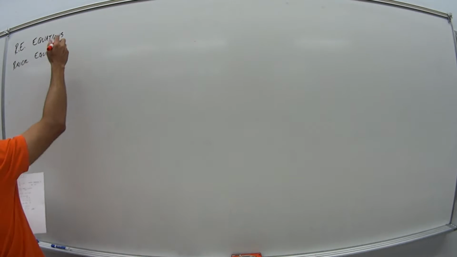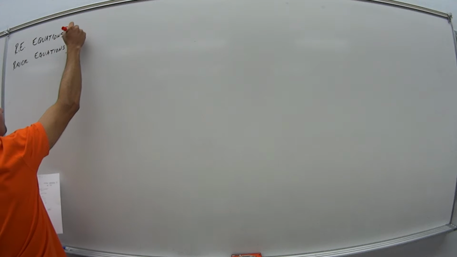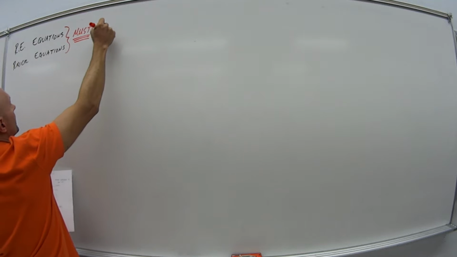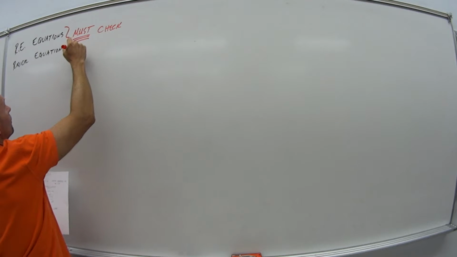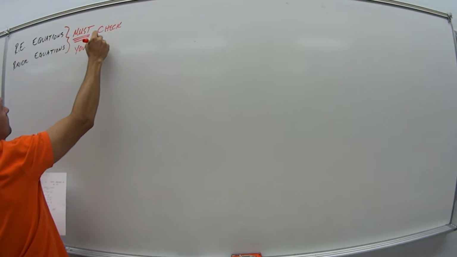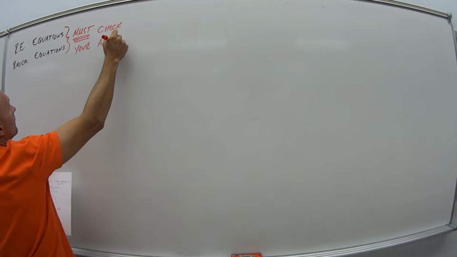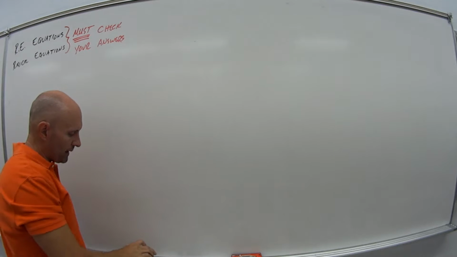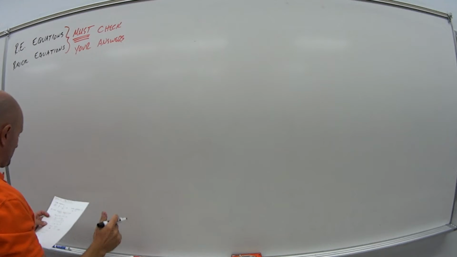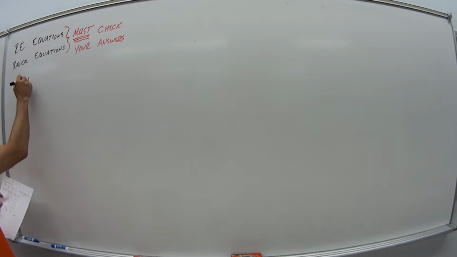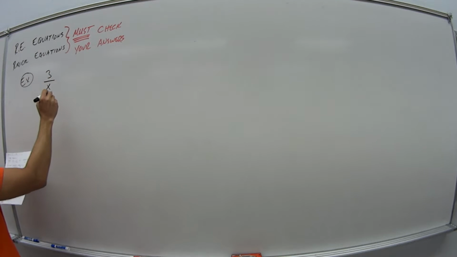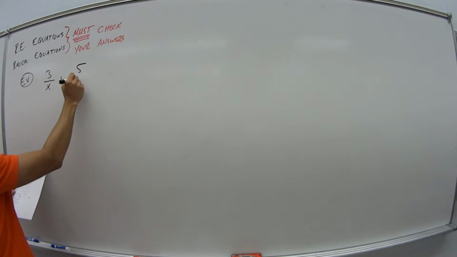However, on these 2 types of equations, you must check your answers. We're going to do an example of each of these, and I'll show you why we have to check our answers.